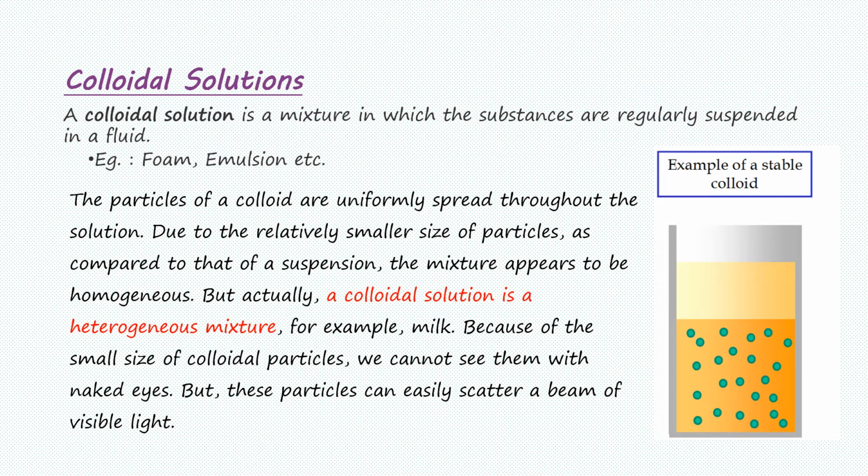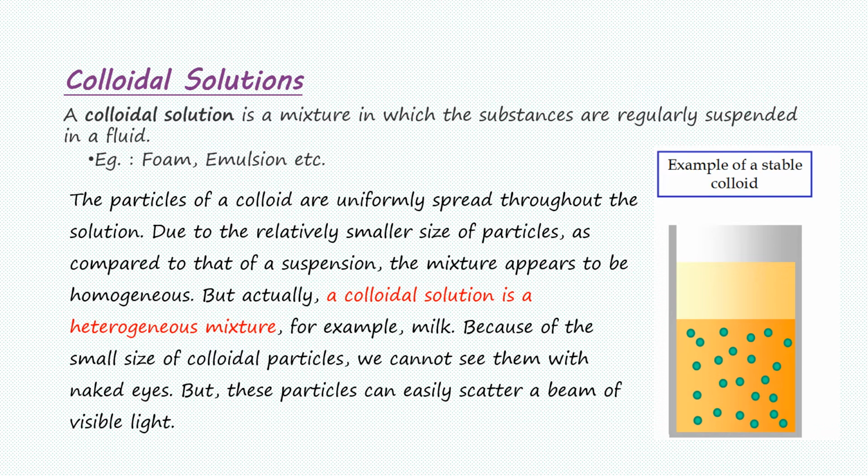You should note this, it is very crucial. So from here we can say that a colloidal solution is a heterogeneous mixture, not homogeneous. For example milk, foam, gel. These are examples of colloidal solution.